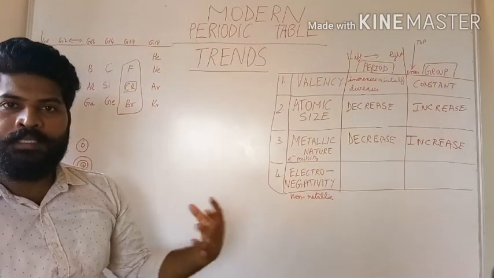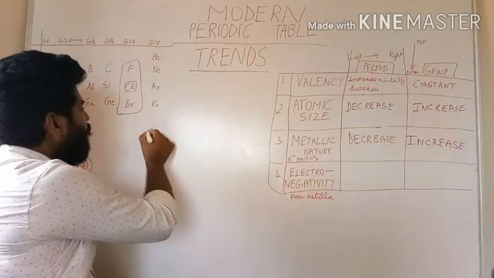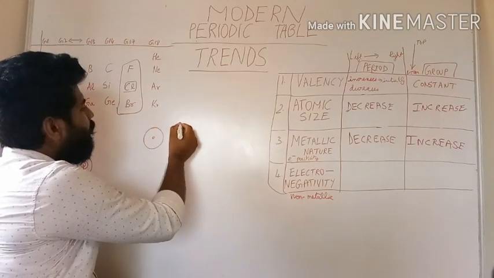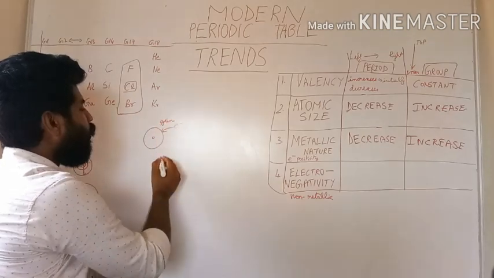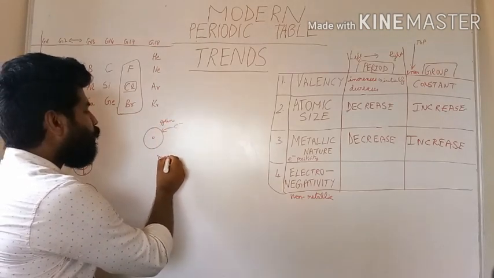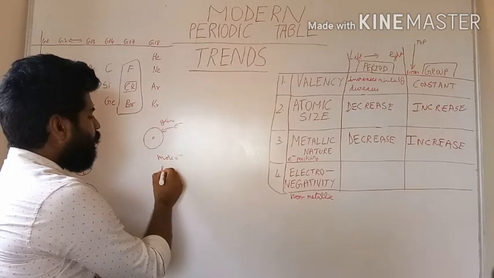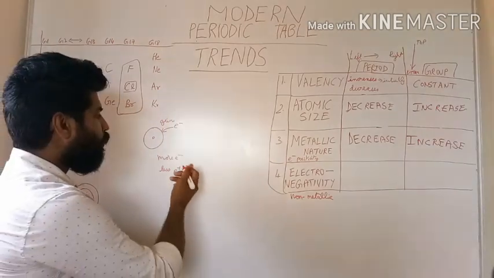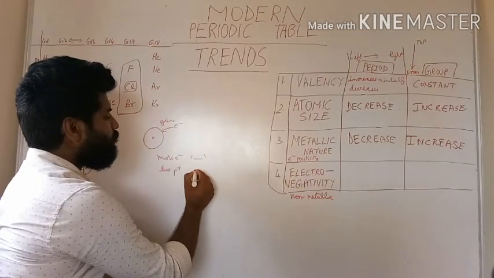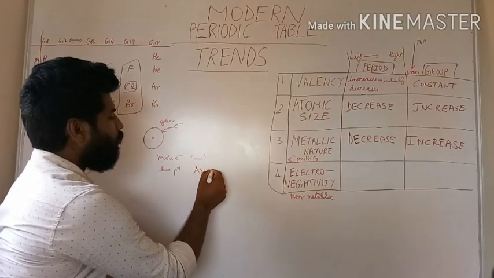When it gains an electron. Whenever an atom accepts or gains an electron, it will have more electrons and fewer protons, because it has taken an extra electron. So it will become negatively charged. It will become an anion.